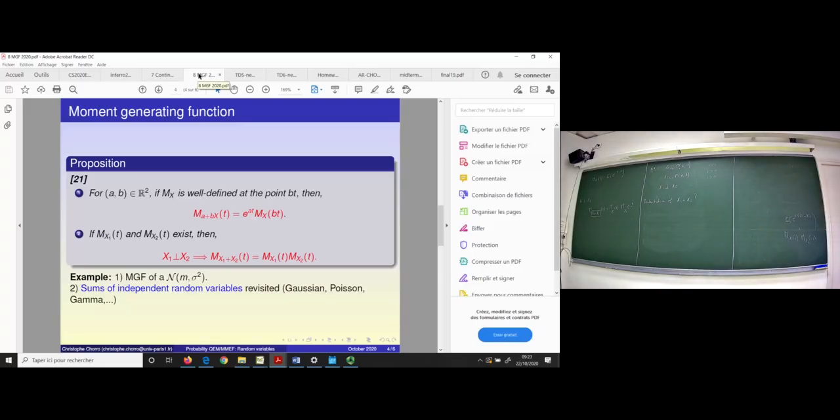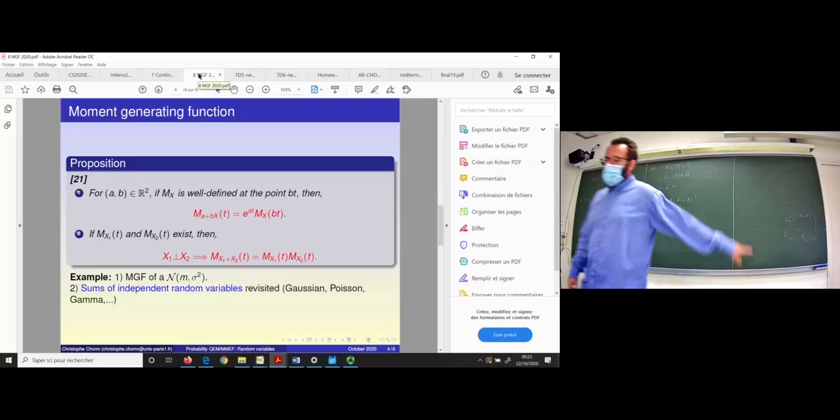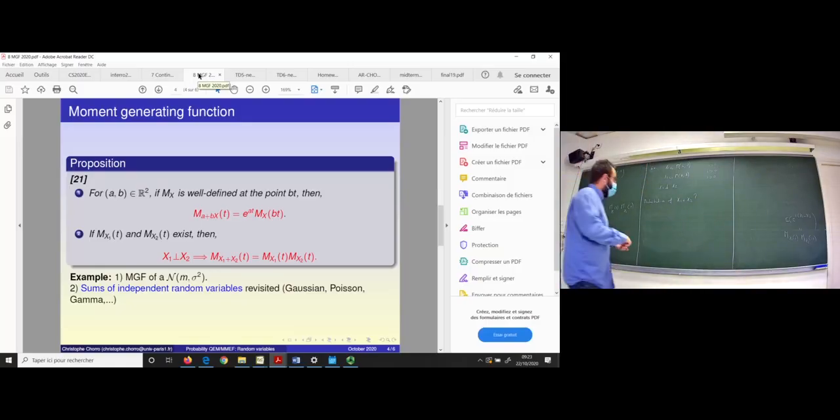Is it okay? So for those who are okay with this one, you can do exercise 5 of list 6, because it is exactly in the same spirit.